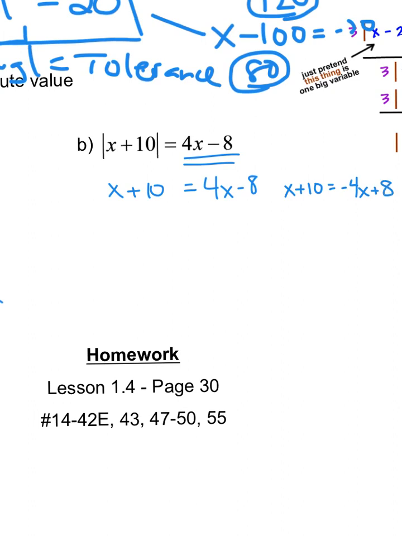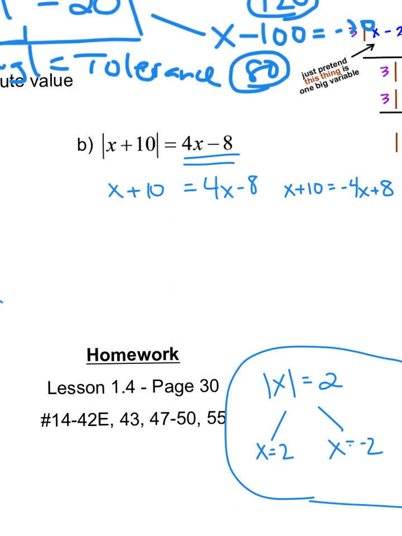Just like if I had the absolute value of x equals 2, you'd have to say x equals 2 or x equals negative 2. Okay? So it's that same idea that we're going to break this equation up into two parts. So we have x plus 10 equals positive this side. We have x plus 10 equals the opposite of this side. And then we just go through and solve like normal.